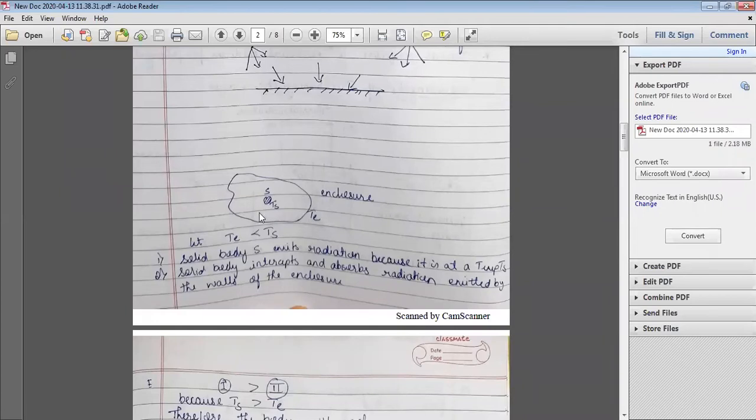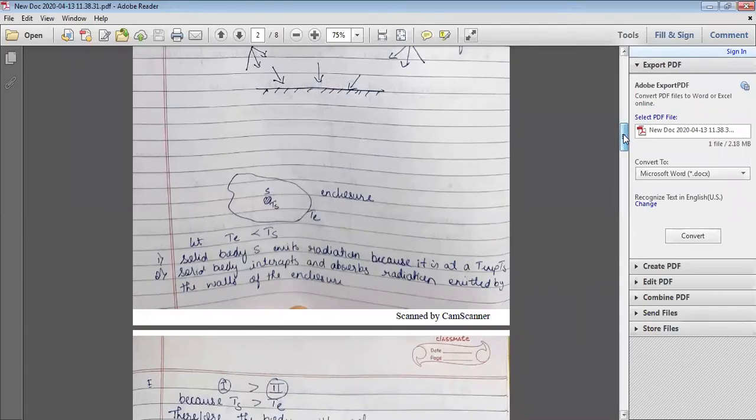Suppose I consider it as air, or as a liquid, whatever it is. But the rays emitted from this surface to this enclosure do not require any material medium. Let it be air or liquid, or even a vacuum, the rays will be emitted from this surface to this enclosure.